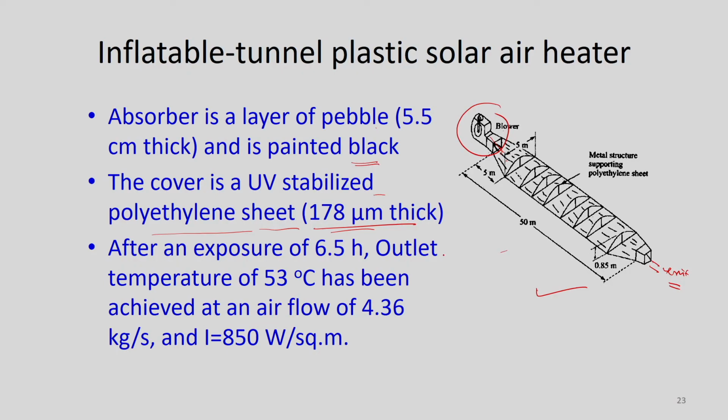Based on their observations, they found that after an exposure of 6.5 hours, outlet temperature was reported to be 53 degrees C at an airflow rate of 4.36 kg per second and insolation of 850 watt per square meter.